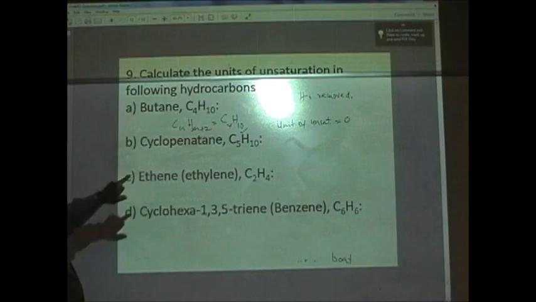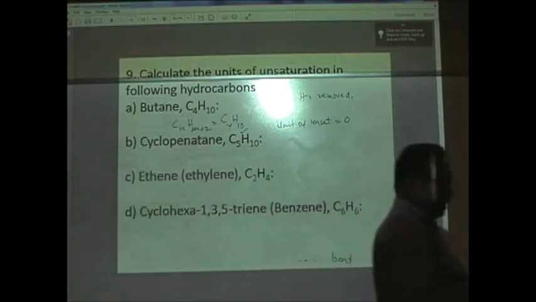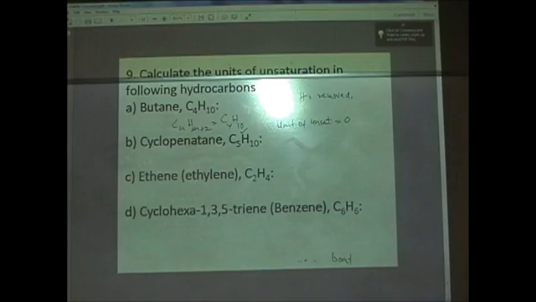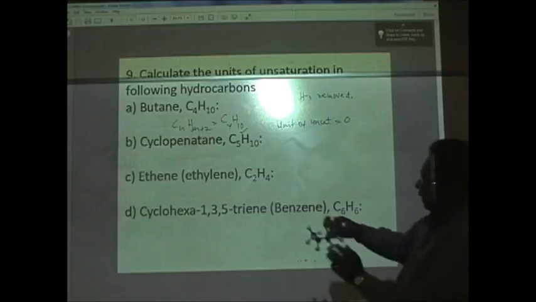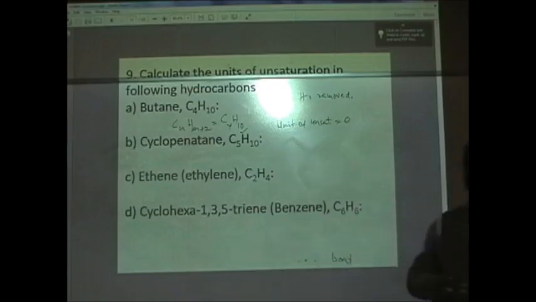Now, cyclopentane. Now, you want to make a cyclic alkane. We need to remove 2 hydrogens. I have shown this before. So this is pentane, and to make a cyclopentane, you have to remove these 2 hydrogens, right?